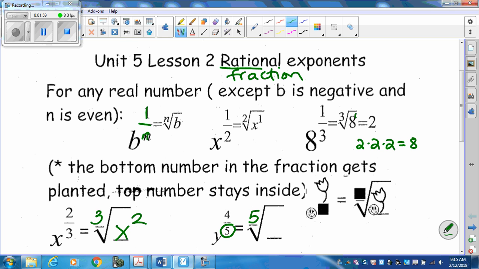The denominator gets planted, that's the root, and then you have y to the 4th power on the inside. So the denominator is the root that you have, and the exponent goes on the inside. The bottom number is the root.